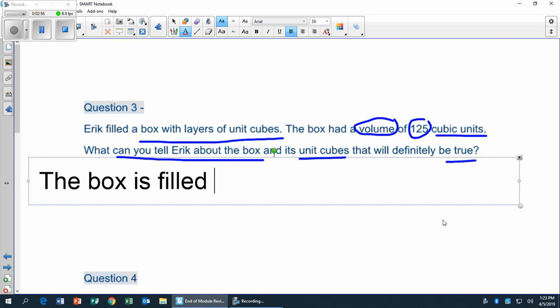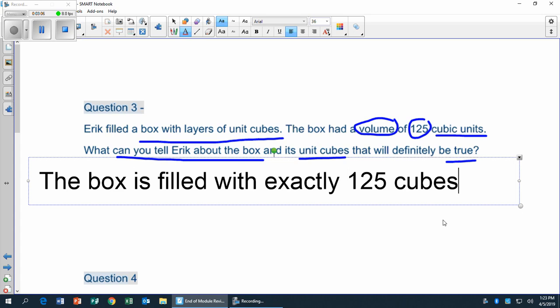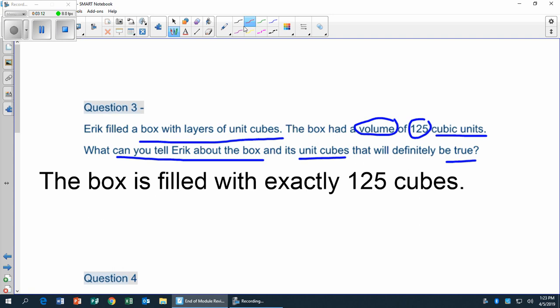It's not covered, it's filled when we talk about volume. And we know with exactly 125 cubes. So what's important to point out is when we have volume, we know things are filled, and we know this is how many cubes there are, because they have unit cubes, and unit cubes means that they're each 1 unit.